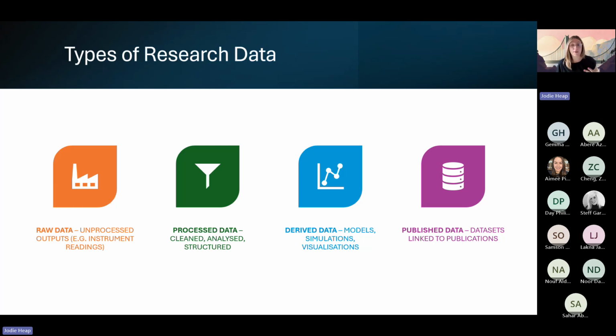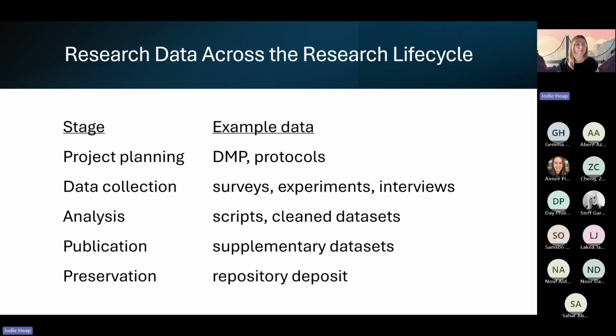And then we might have published data, which is specific data sets linked to a publication. Each of those are types of data, and each of them are things that we could share, and we need to consider how we might want to build that practice into our processes as we move forward.